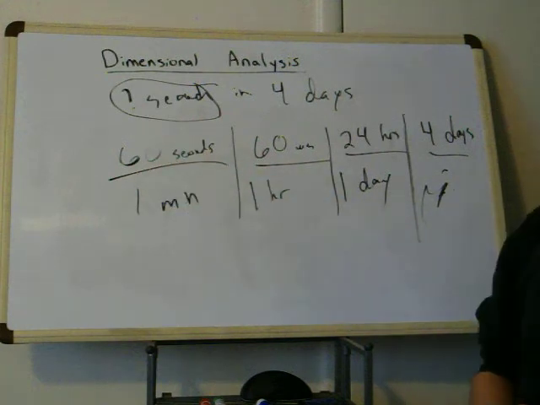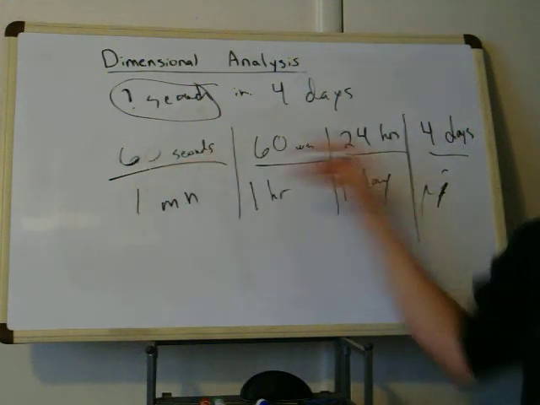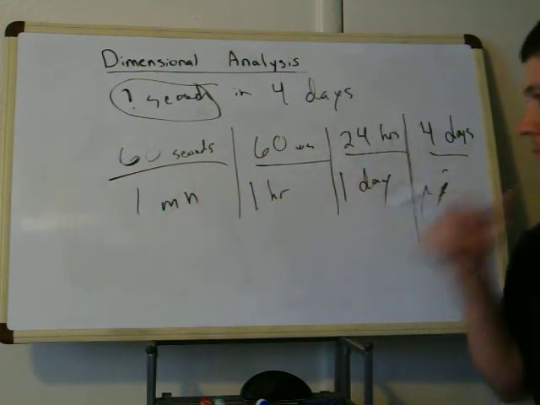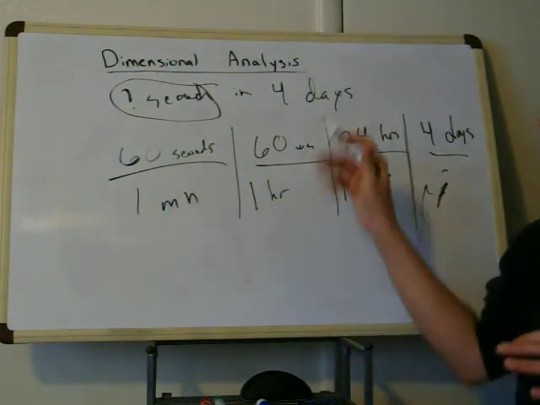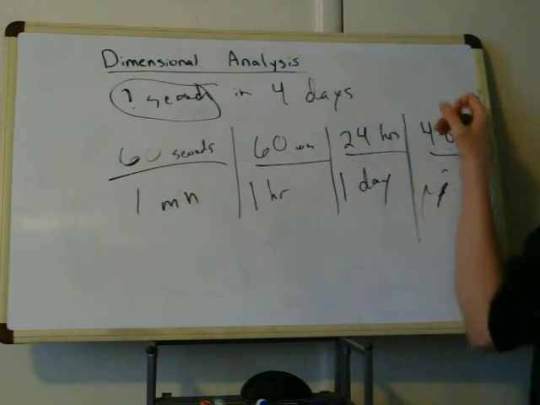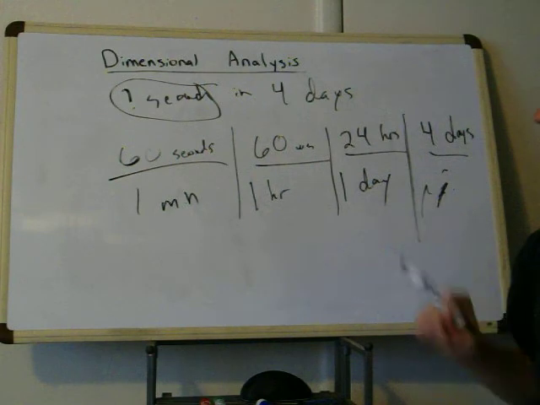Then the next step is multiplying the top portion and then the bottom portion. Again, just to back up, all I'm doing here is saying 1 times 1 times 1 times 4 days.